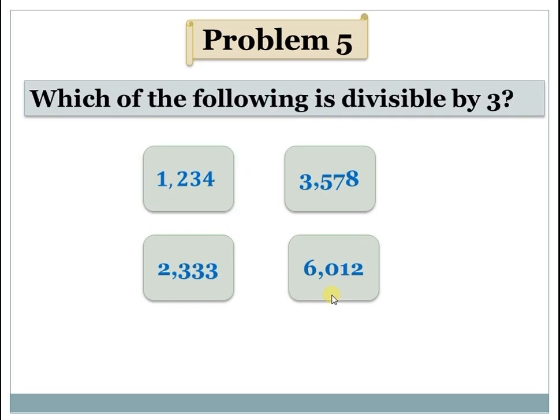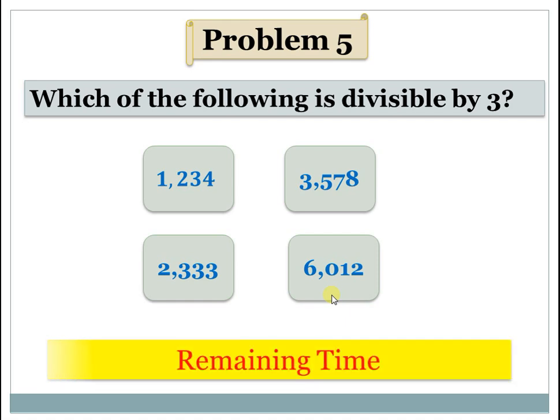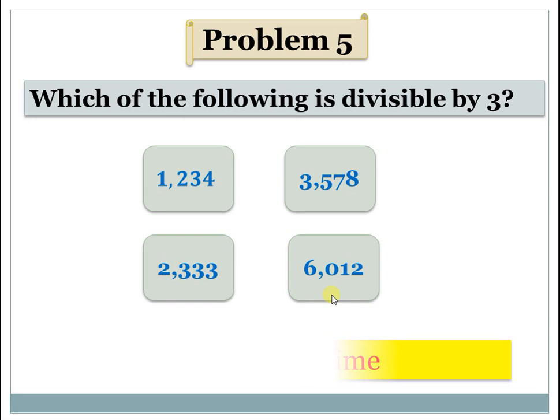Which of the following is divisible by 3? Let's start the time. Time is up. And the answer is 6012. Let's have one more.